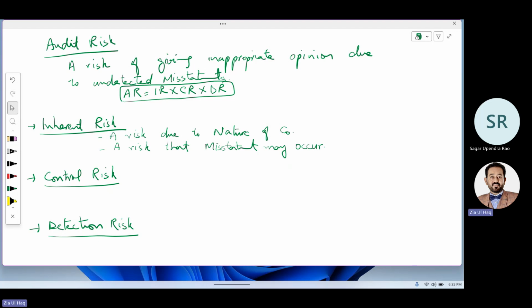The bank normally approves a loan based on certain conditions. If your profit is this percent of revenue, or if your total assets are that much above your liabilities, the loan will be approved. And suppose companies are going for a loan and not meeting the bank's conditions, there are chances of manipulation in the financial results. This is called inherent risk.